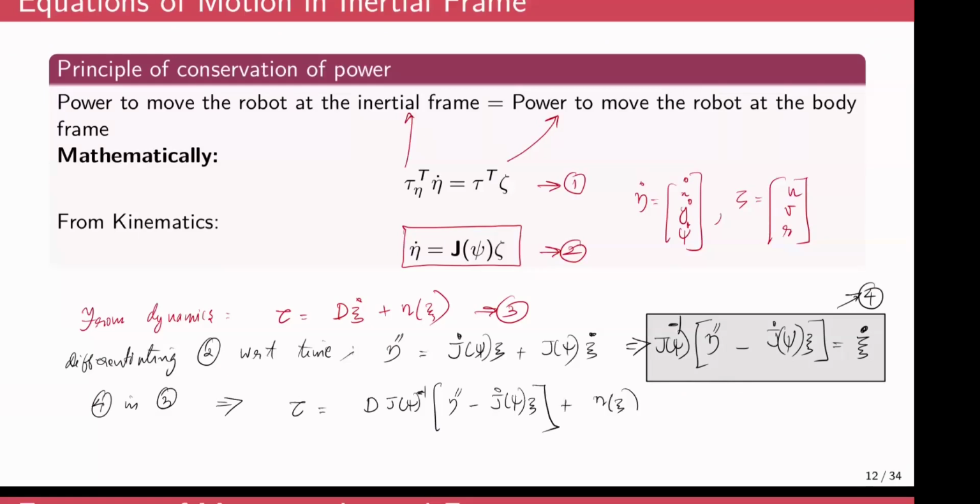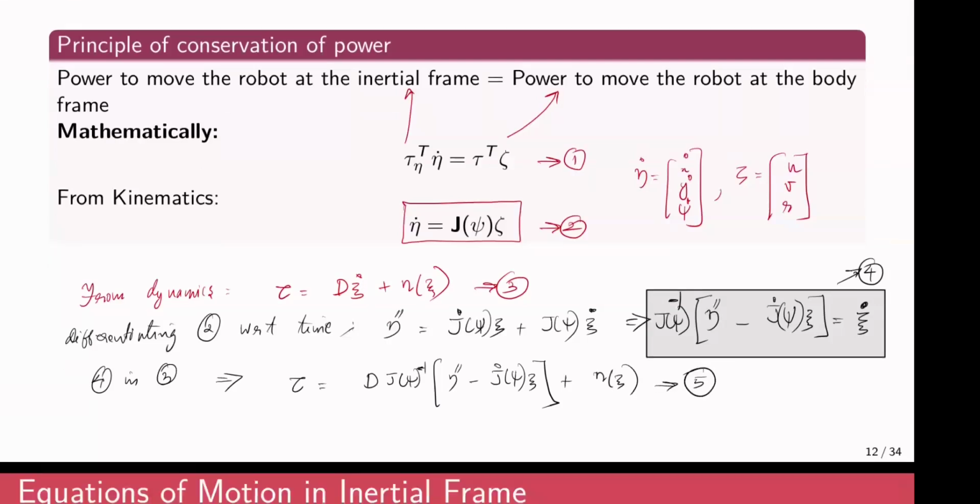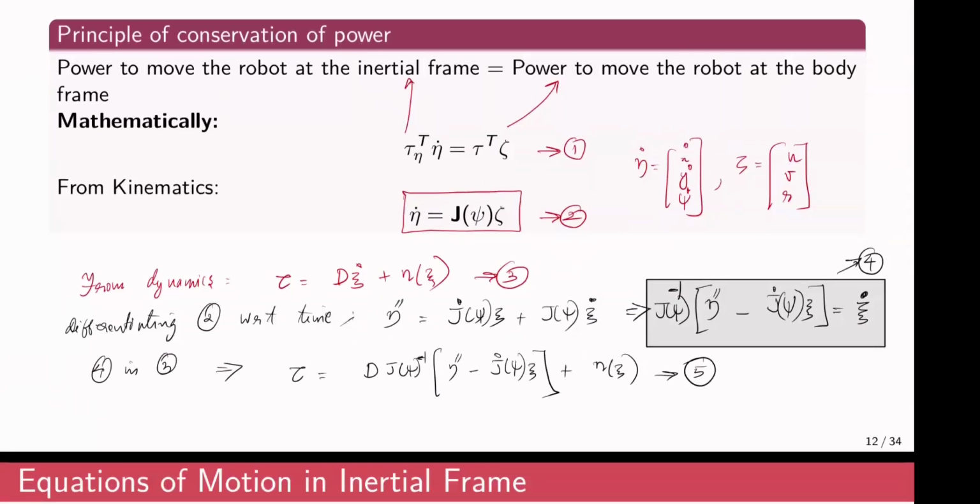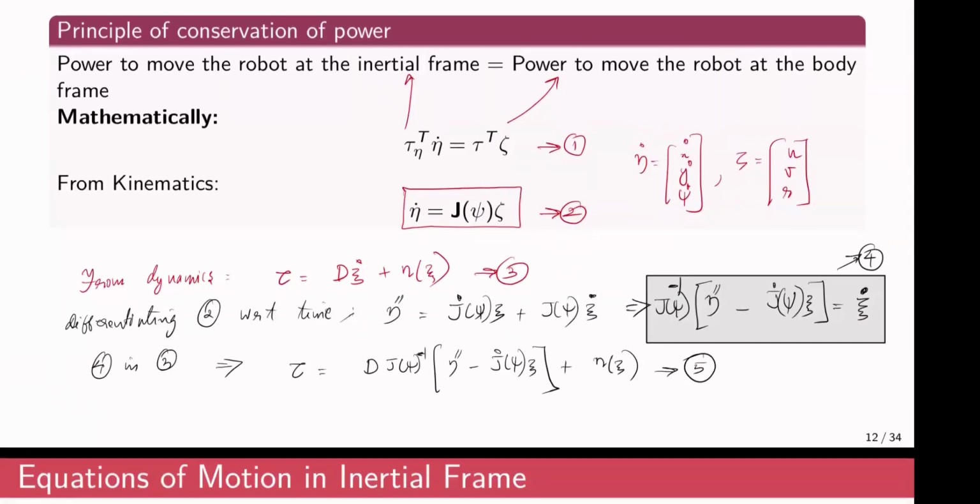I'll call this equation 5. All right, that is our tau. Now what else can we do? We can compare these two equations, so we'll keep equation 5 apart for the time being.